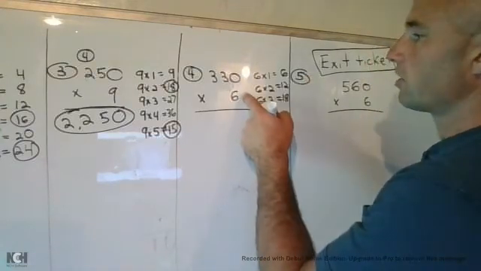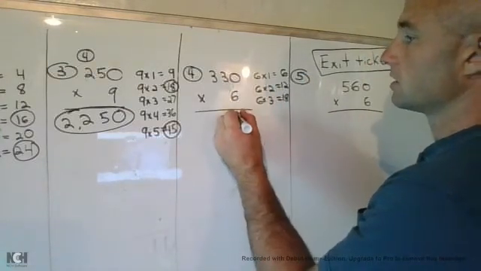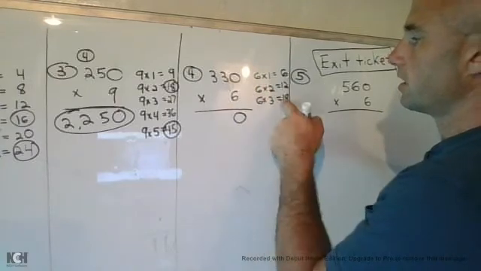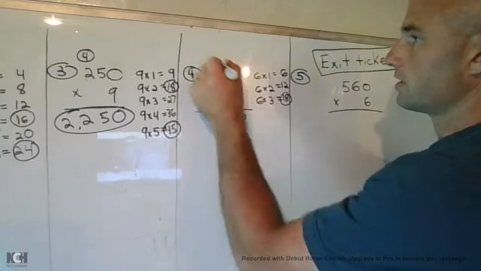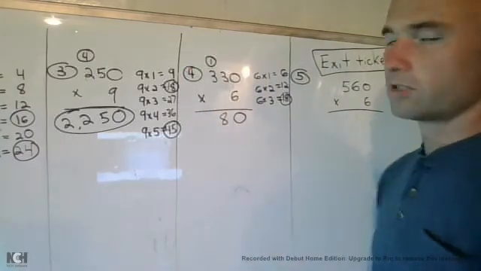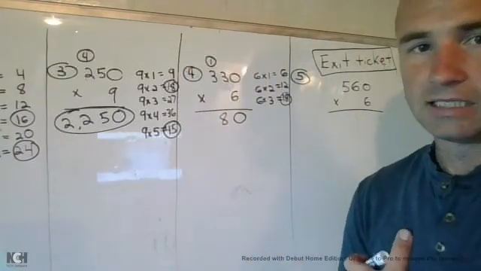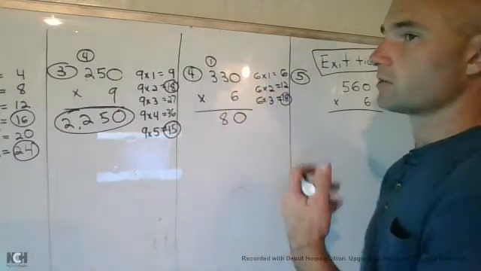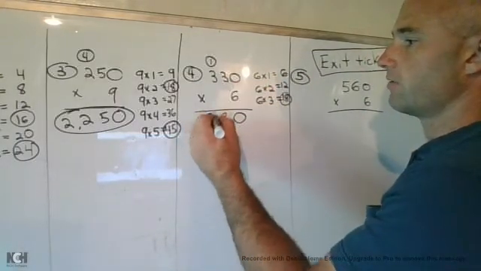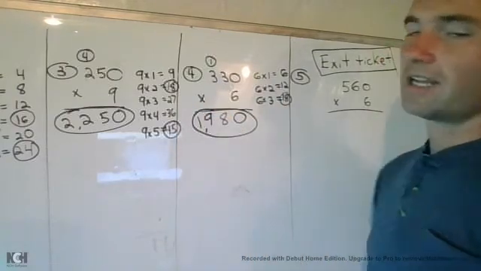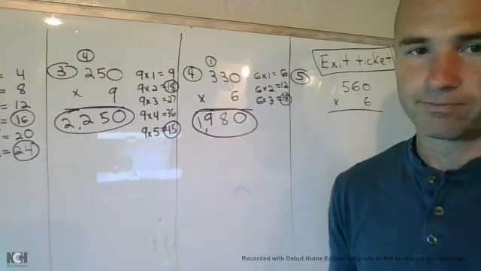Because we'll start off with 6 times 0 giving you 0. 6 times 3 gives you 18. Leave the 8 in the tens place, carry the 1 over the hundreds place from 18. 6 times 3 equals another 18, plus that 1 gives you 19, giving you a solution of 1,980.